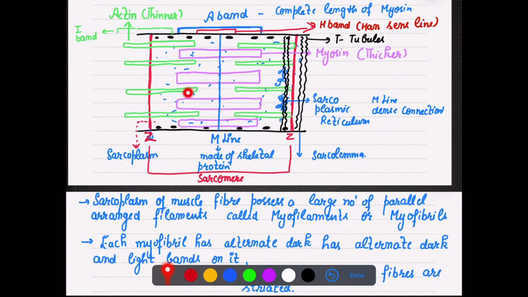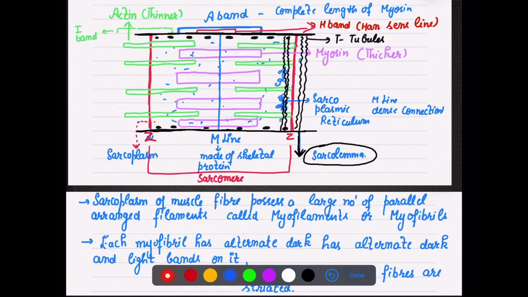And where will the sarcoplasm be? Inside the muscle cell. So this layer which we have drawn here, we will first draw this layer, and this layer is known as our plasma membrane, which is known as the sarcolemma.